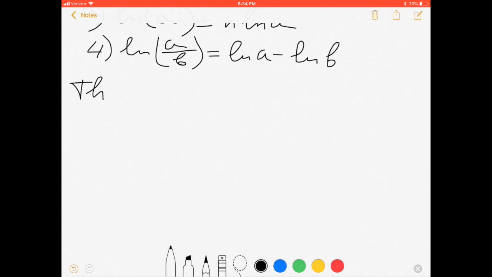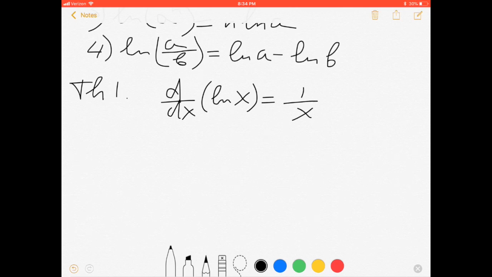It's like a theorem. A: if you try to find the derivative of natural log x, it will be 1 over x. This formula comes from the definition of the natural logarithmic function.